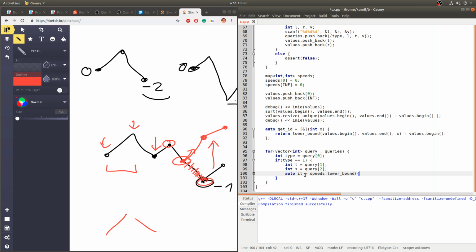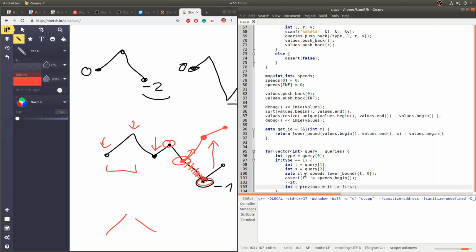Now I will put a pair, whatever, t0 minus it, and this should represent the previous point. It's here assert it not speeds begin, so that I could decrease by 1. This should now point to the previous thing. Previous is it first, and its speed it will be it second if I need that.